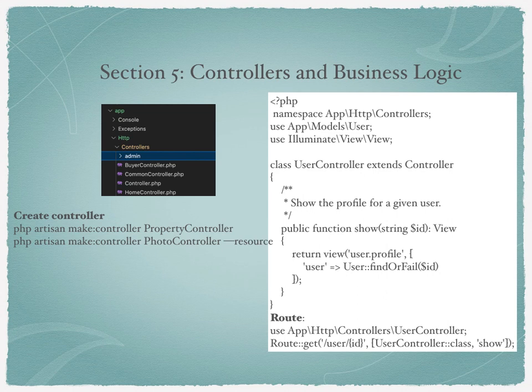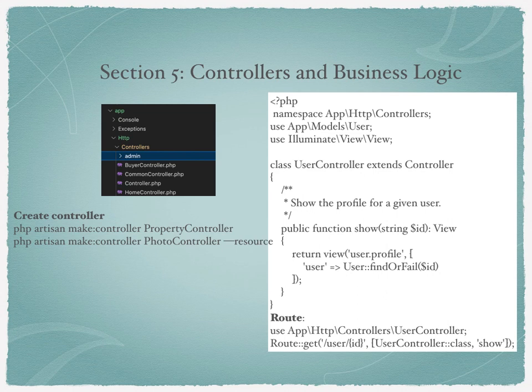request and its data. Creating a controller is very simple, using the command line: php artisan make:controller and then the name of the controller. There is another advantage of using this.